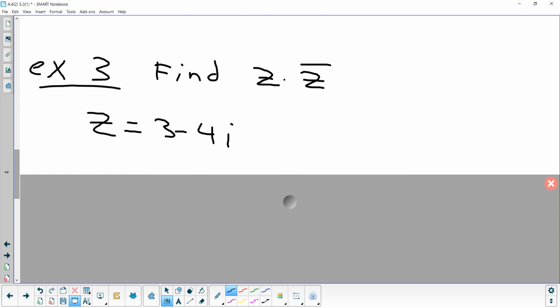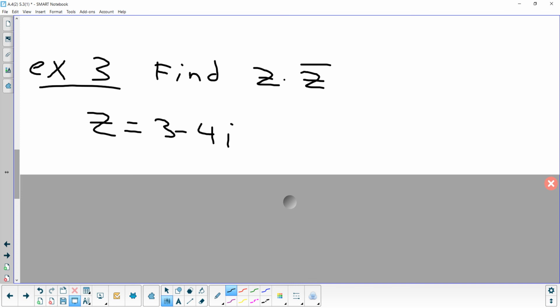What's going to be the conjugate of that? How do you find the conjugate? No, we don't multiply to find the conjugate. We just have to change one thing.